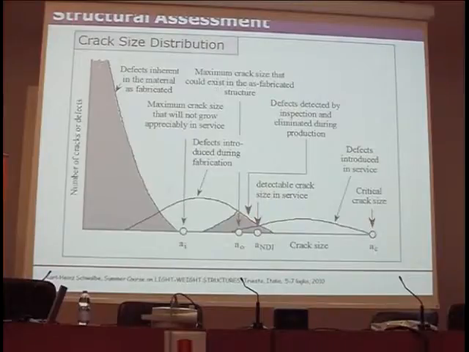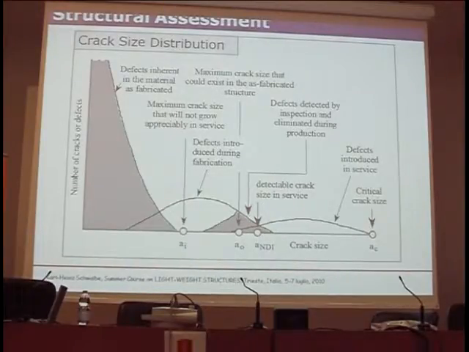This is the crack size axis, and this is the number of cracks or defects. Very small defects are below the detection limit, NDI, here's the detection limit. Everything that is left to this line here can't be seen. So very minute defects are always there.